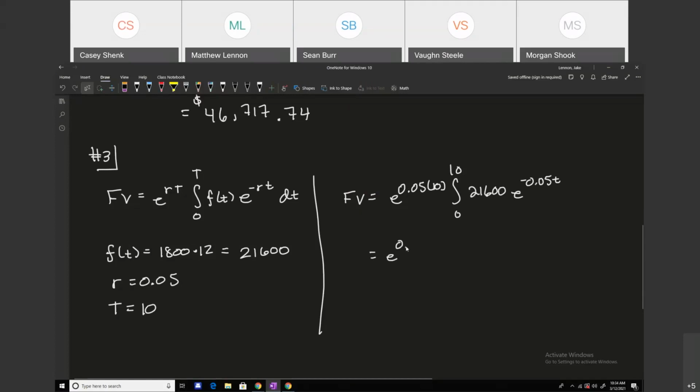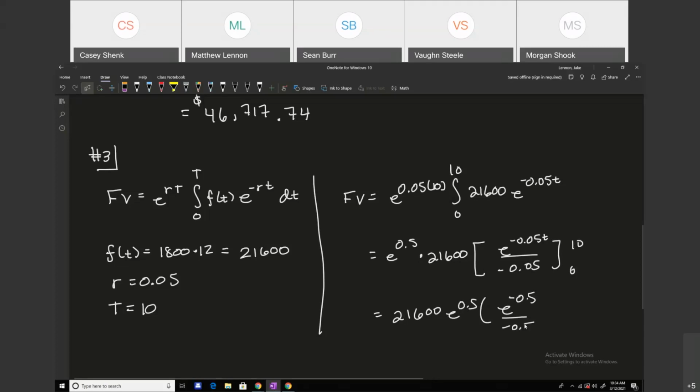So we have e to the 0.5 times 21,600, and then the antiderivative is going to be e to the negative 0.05 t over negative 0.05 from 0 to 10. So we've got this 21,600 e to the 0.5 times e to the negative 0.5 over negative 0.05 minus 1 over negative 0.05.